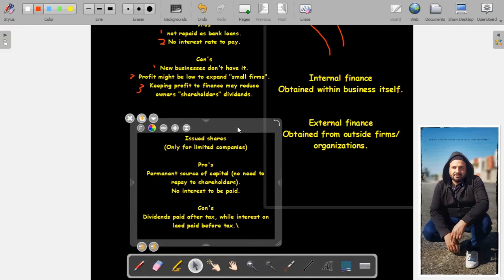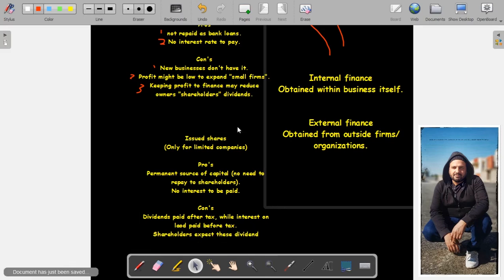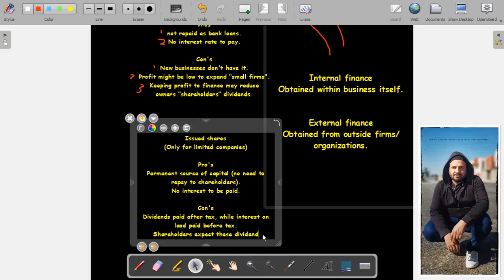The second disadvantage is that shareholders expect these dividends, otherwise they will not be happy.